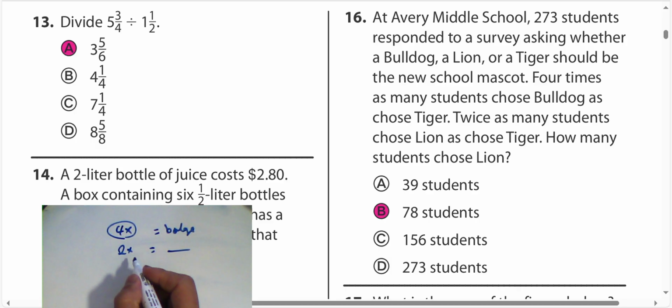4x plus 2x will be 6x, and we also have 1x. The number of tigers will be x.